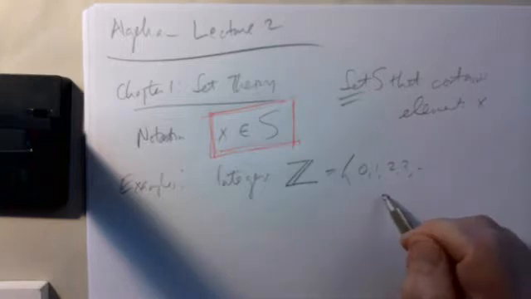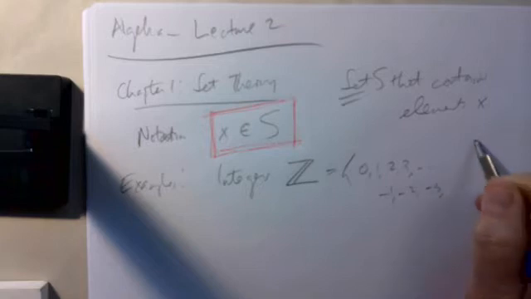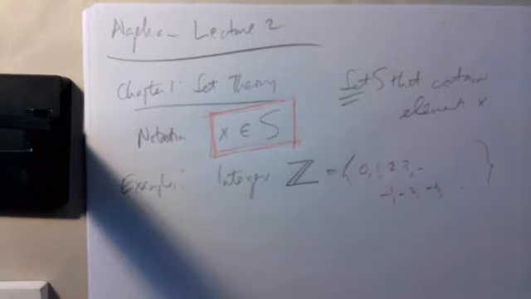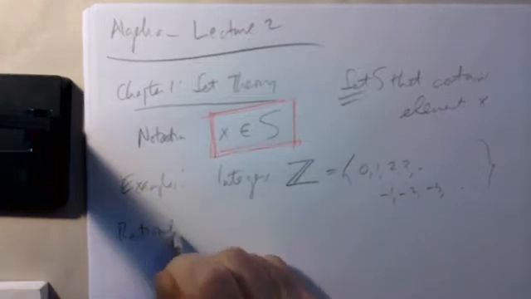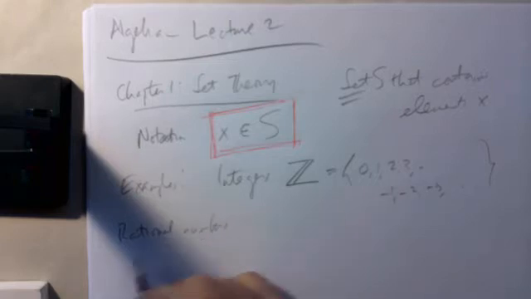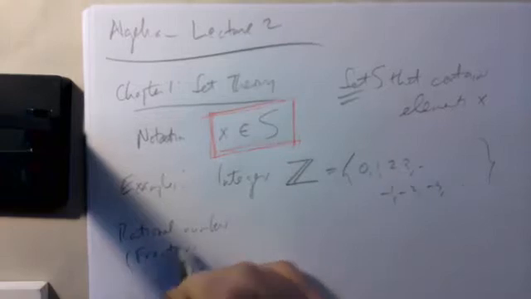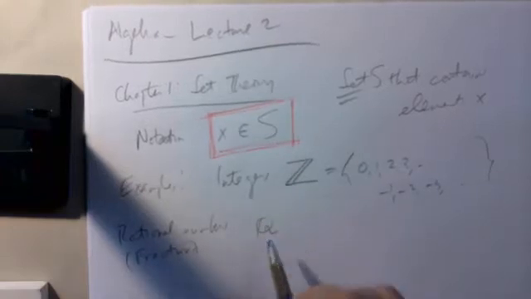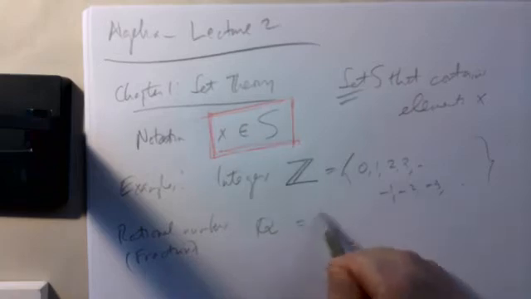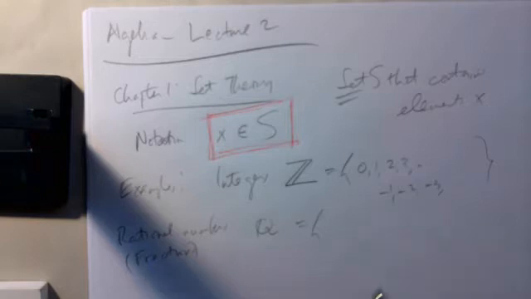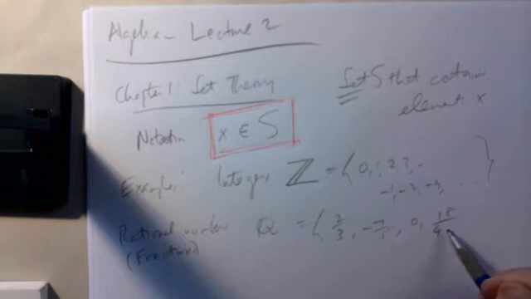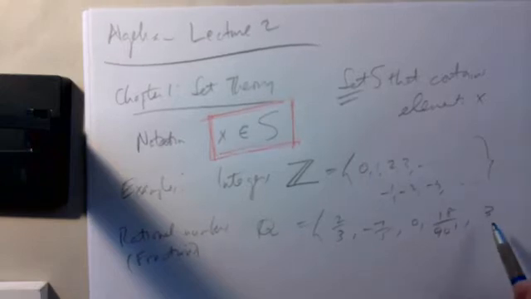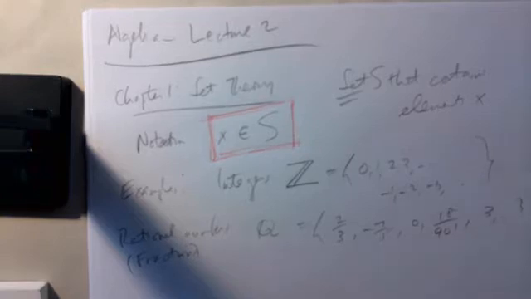So we have the positive integers and the negative integers, and that's the set Z. We have the rational numbers, or fractions, which we denote by the letter Q. So you can't enumerate them in a simple way, but 2/3, -7/5, 0, 18/901, 3, which is 3/1, and so forth. These are all rational numbers.